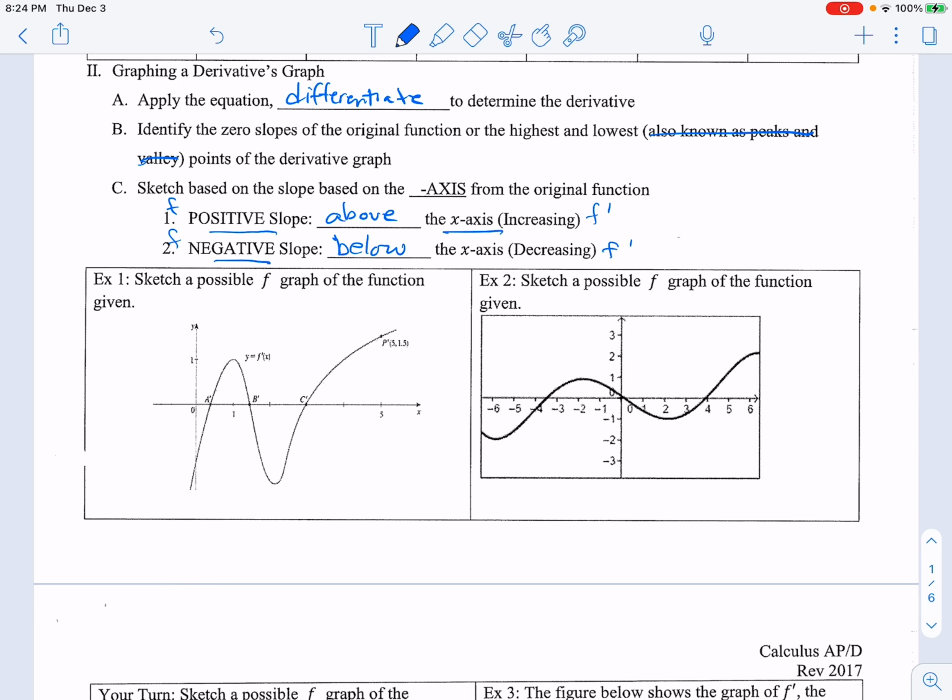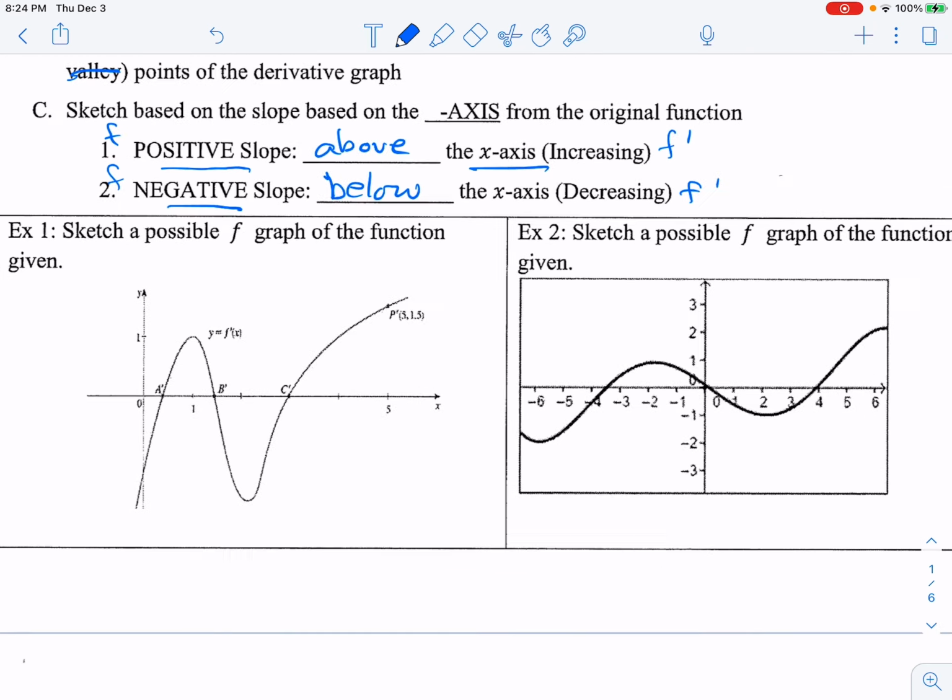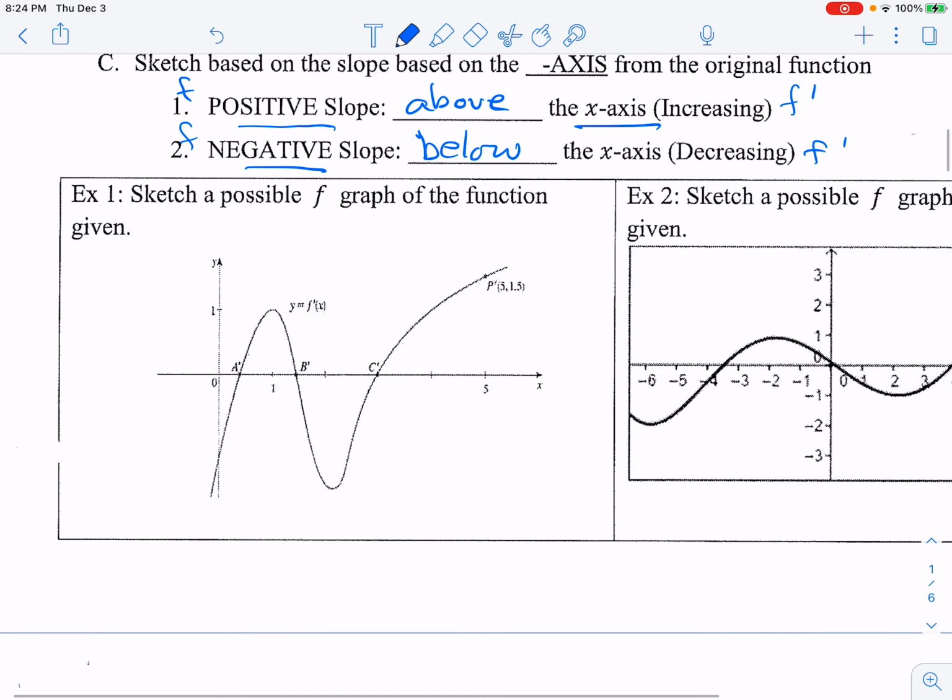All right. These are asking you to sketch a possible graph of the function itself. Now remember, this is the derivative. You can't read that very well, but this is the derivative. When it equals 0, you have max and mins, right? Well, your derivative is negative here and positive here. You changed from negative to positive, so you have a min.